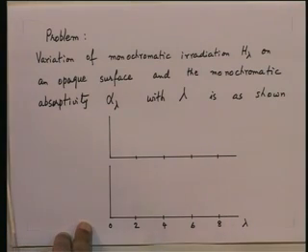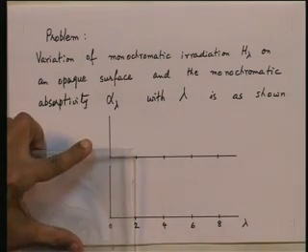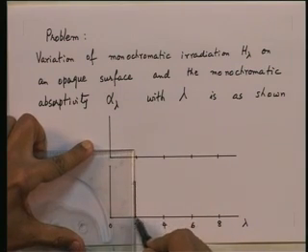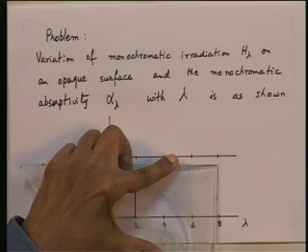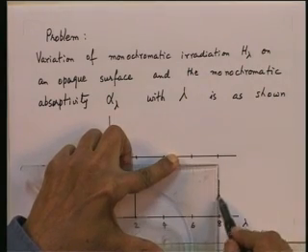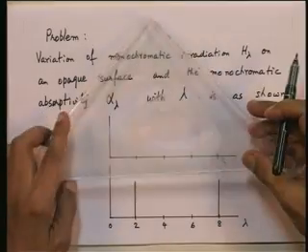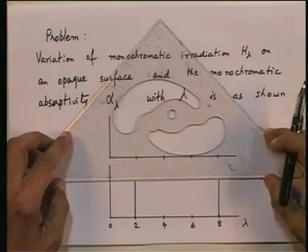Now, the variation of H lambda is given to be the following. You are told that H lambda for this surface is a simple rectangle like this.